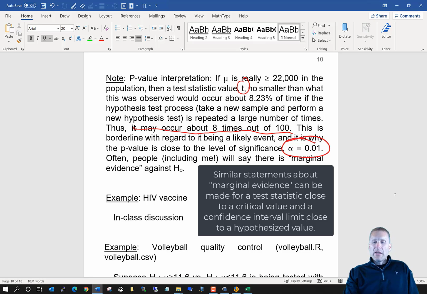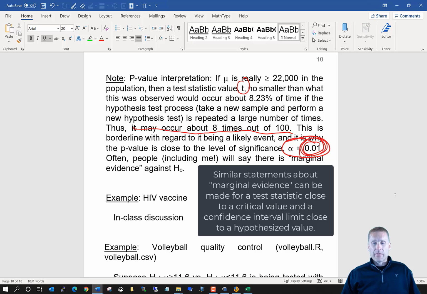When I have a p-value that's close to whatever I state alpha to be, even if the p-value is greater than alpha, I will say there's essentially marginal evidence against the null hypothesis. It's definitely not strong, but there's marginal evidence. Maybe it'd be worthwhile to do an additional study to judge whether the research hypothesis can be proven true.